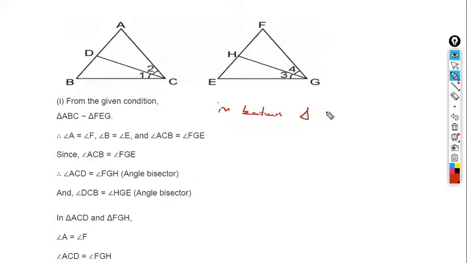Between triangle BCD and triangle EGH, angle 1 is equal to angle 3, and angle BDC is equal to angle EHG.